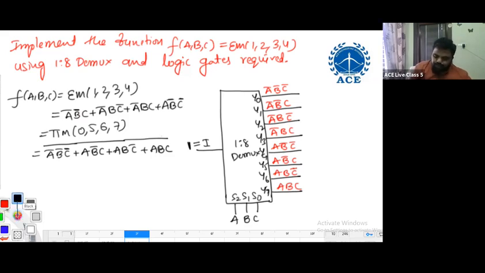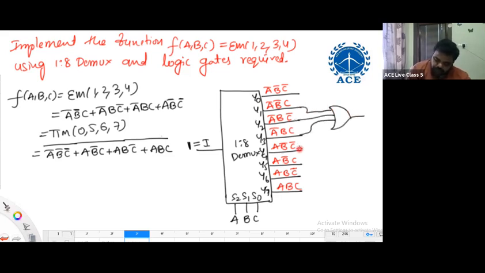Once we are getting this, very simple, by observing this equation, what we can write here, sigma m of 1, 2, 3, 4 can be implemented using an OR gate. Here we have 1, 2, 3, 4, F, which is SOP. The same we can implement using a NOR gate. Am I right? So taking product terms, OR of those, then not of this is nothing but a NOR.